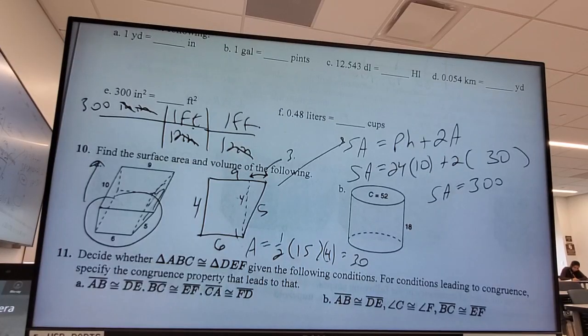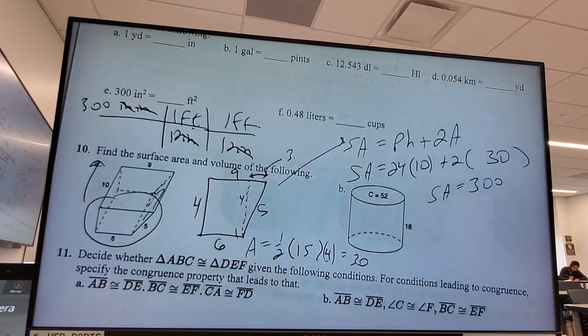And then the volume of a prism is just the area of a base times how long it's repeated for. So it's the area of the trapezoid times 10. This is basically 10 trapezoids stacked on top of each other. So if I know the area of one trapezoid and multiply by 10, you get the volume.